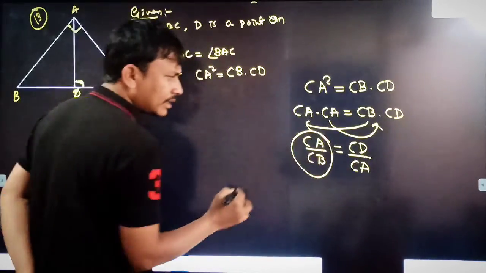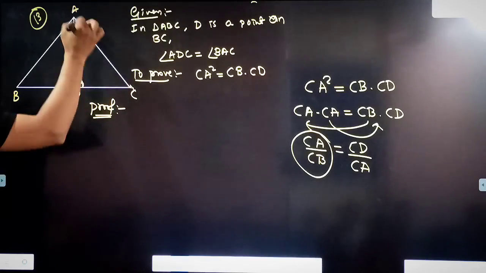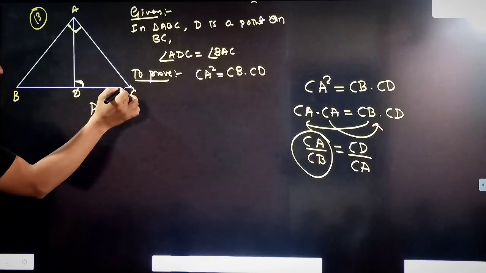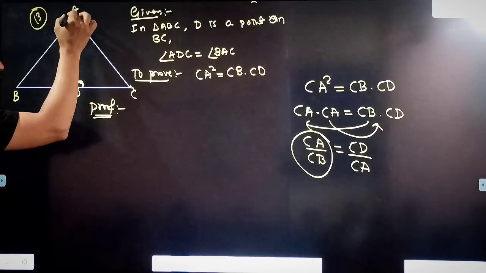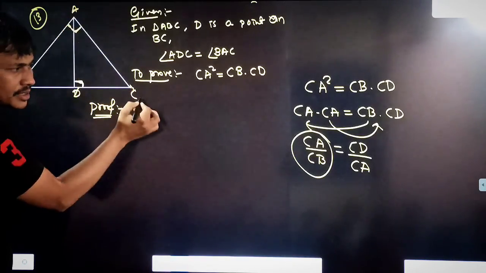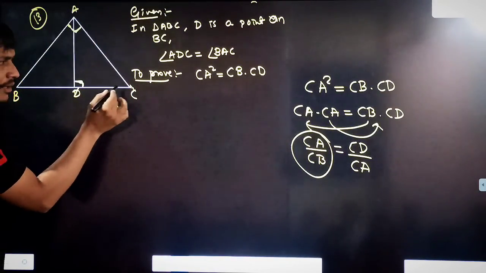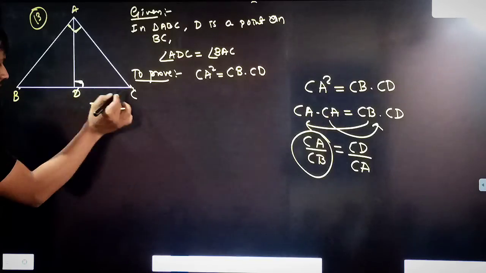Now we can consider the triangles. What are those triangles? CA is in the smaller triangle ADC. From triangle ADC we need to take CA or AC. Then in the bigger triangle we need to take CB.